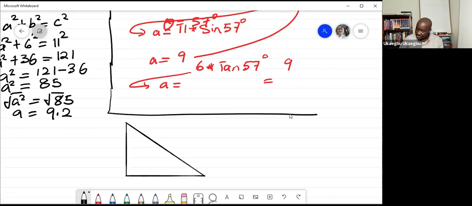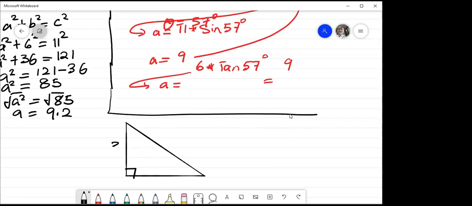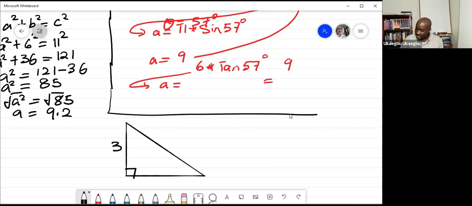Probably this time around, let's use the legs of the triangle. For example, we can use 3 and 4. All right. And we don't know the other side of the triangle.